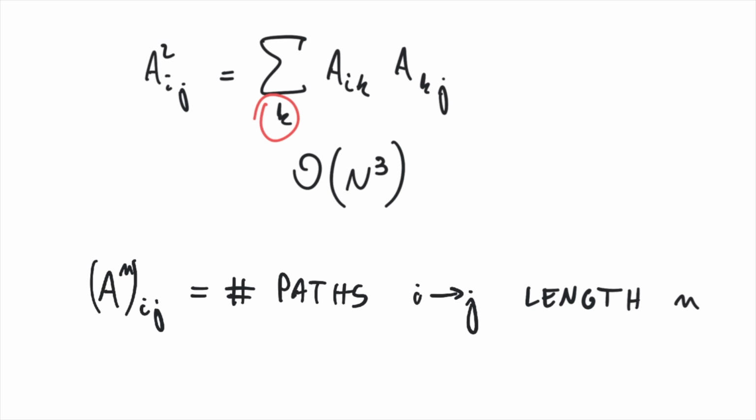And the nice thing is that while each product of matrices takes n cubed time, because, as we saw before, you can do the exponentiation fast, then this has a log n there.